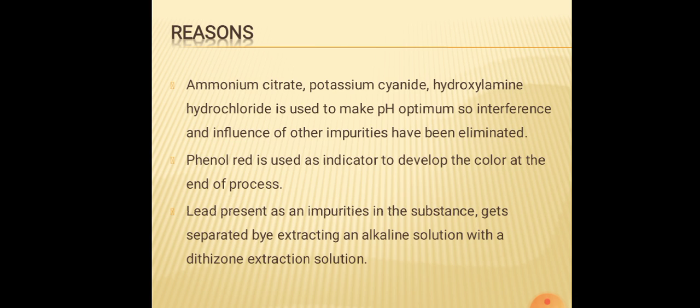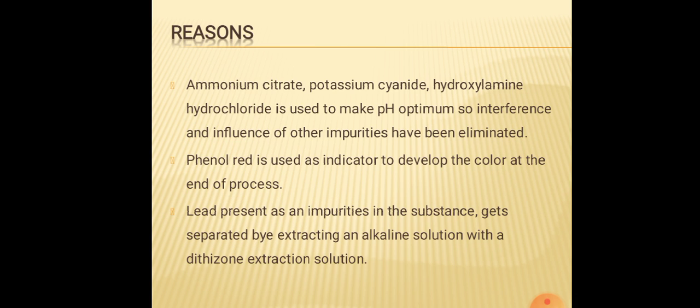Why is red color produced in the limit test of lead? Because the lead dithizone complex forms, they contain lead. Okay, so because of lead your final compound, the lead dithizone complex, gives violet color, and the preparation of this solution is extracted with chloroform, and dithizone and chloroform form the green color.